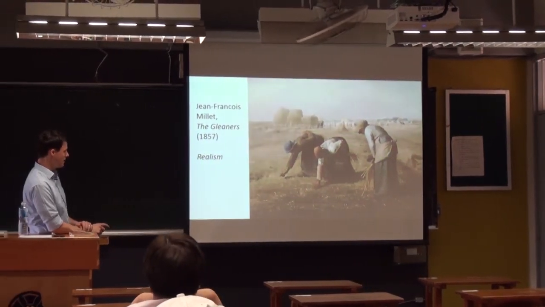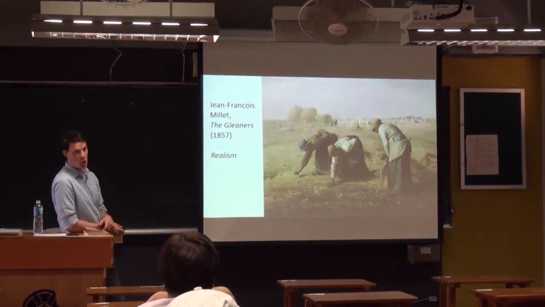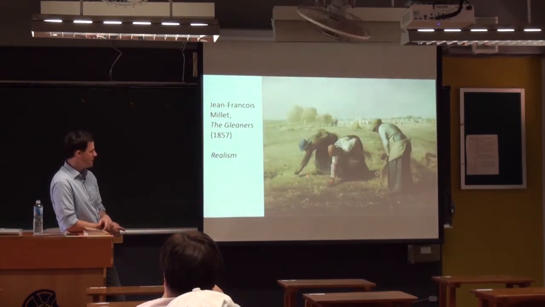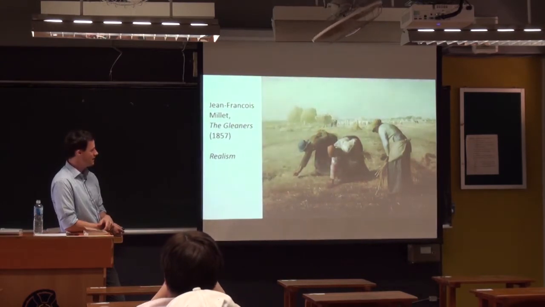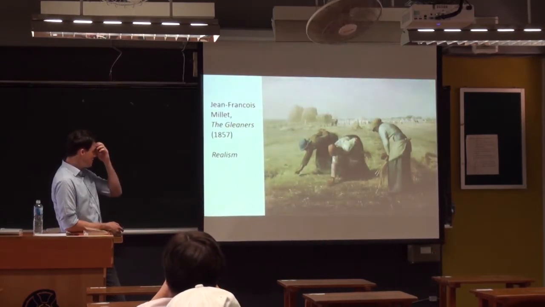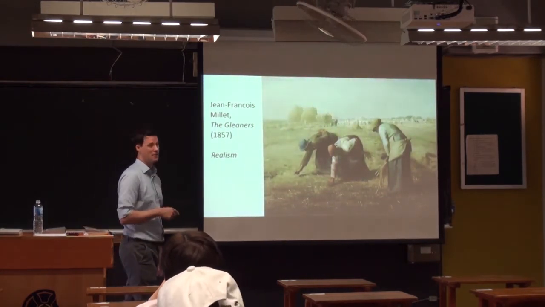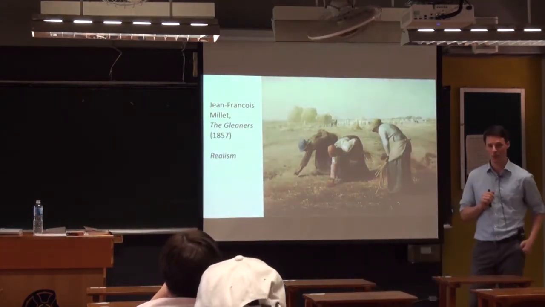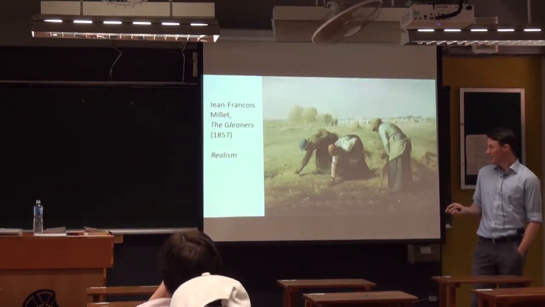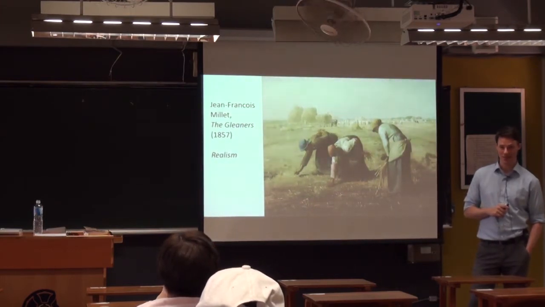The Gleaners, which basically means these people are out in a farm field picking something, right? They're picking grain, collecting grain outside in a field. This was painted in 1857, and it's an example of realism in painting. So this is a very realistic painting. Remember, this was right around the same time when cameras first started appearing.